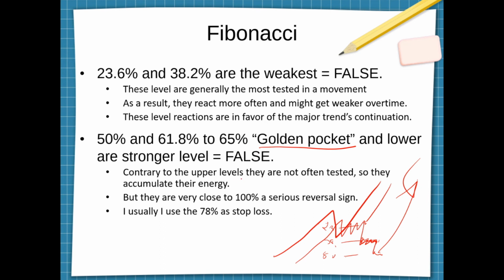Contrary to the upper level, they are not often tested, so they maintain their energy, and that's the reason why they give you the illusion of being stronger. But most of the time, they are tested once or twice. The 23 can be tested thousands of times. Every time the price goes through that zone, we have people trading. So this zone is heavily tested.